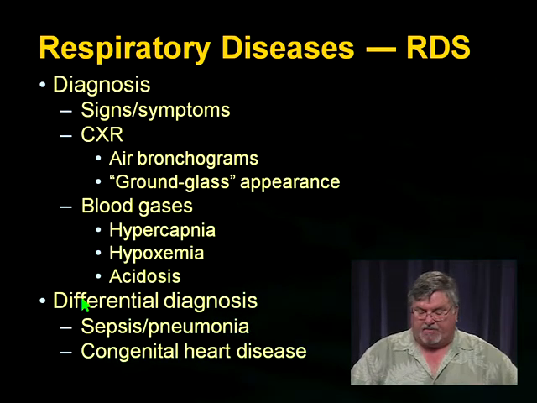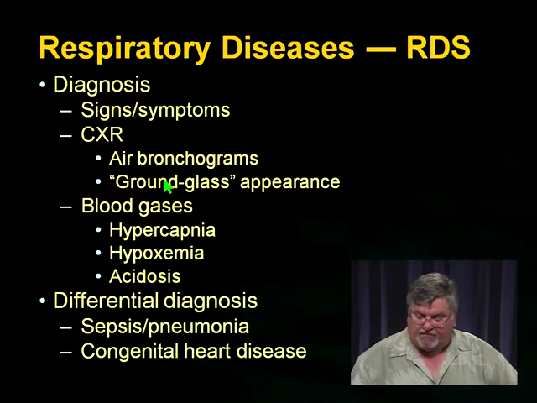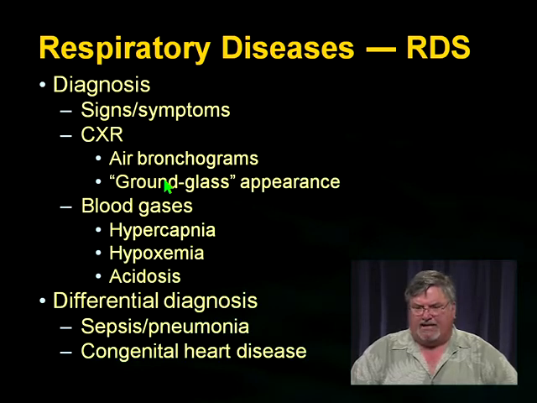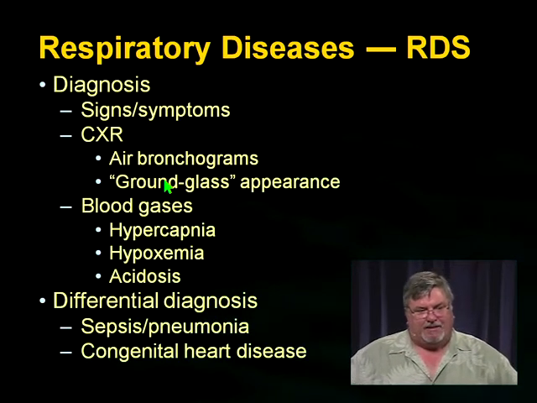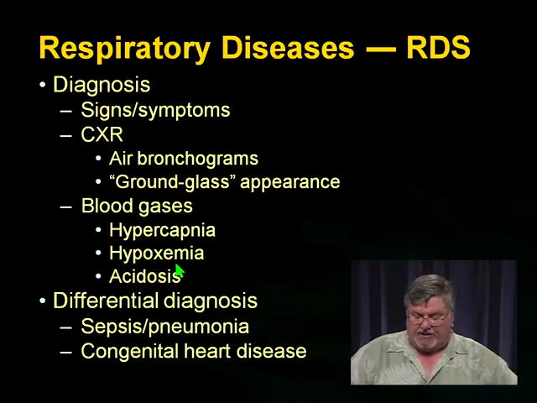Diagnosis is based on signs and symptoms. The one thing that I want to focus your attention on is that they use this term ground glass appearance. If you see a test question that says a radiograph shows diffuse haziness and ground glass appearance, that baby has respiratory distress syndrome. Blood gases are characterized by increased CO2, low O2, and acidosis.